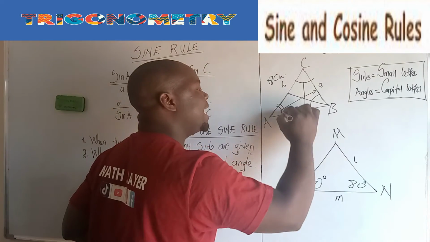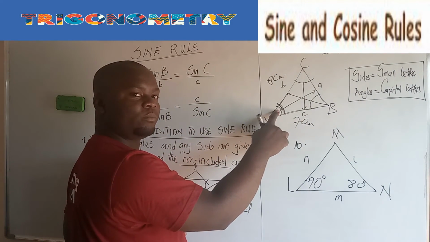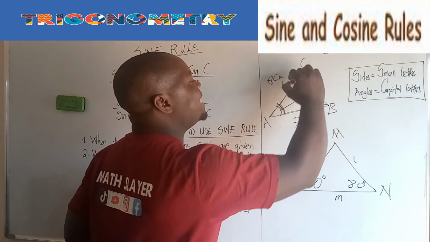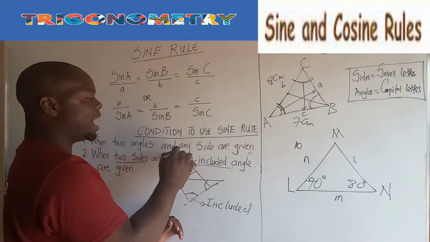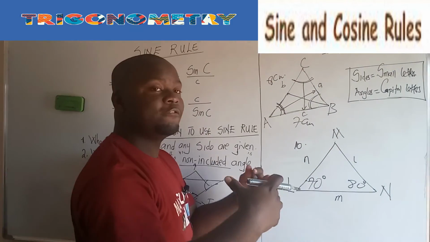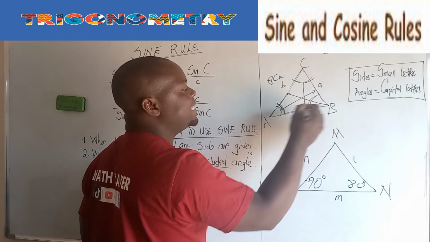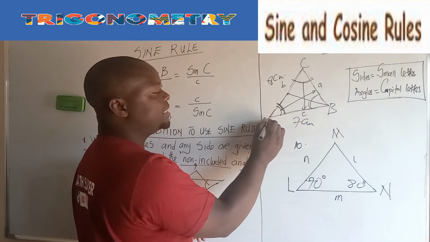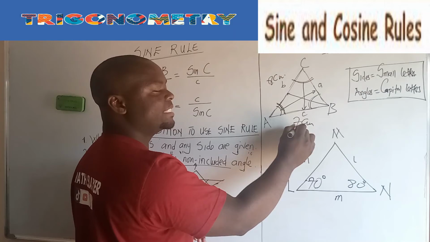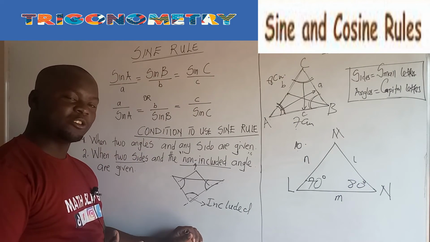So that means this angle, which is angle A, is the included angle. While angle B and angle C are referred to as non-included angles because these two angles are not formed as a result of the meeting of line AC and line AB, which are 8 centimeter and 7 centimeter respectively. We need to enjoy that concept.